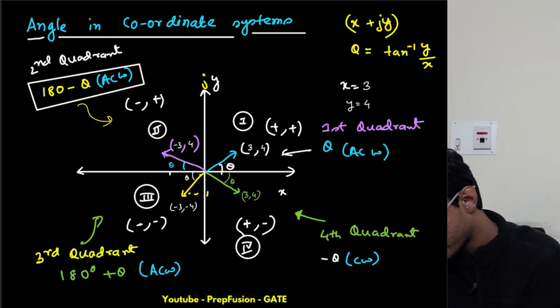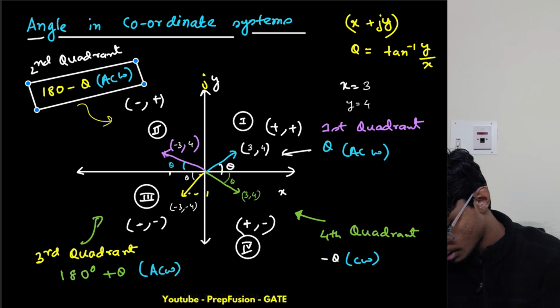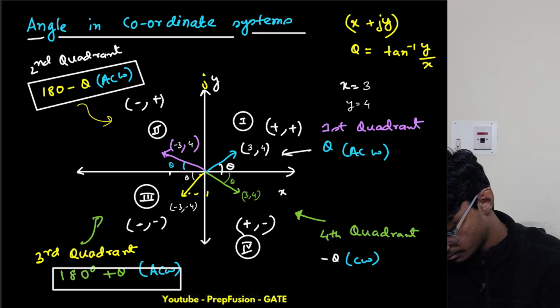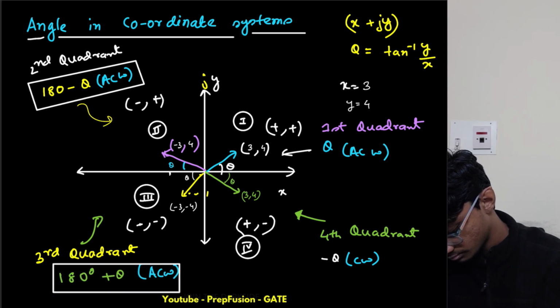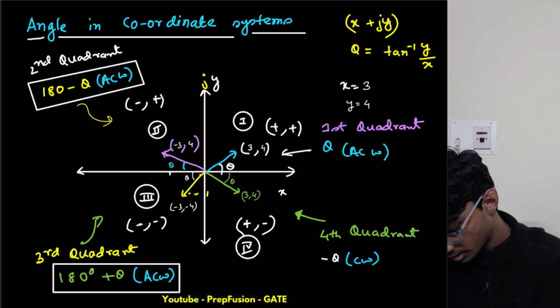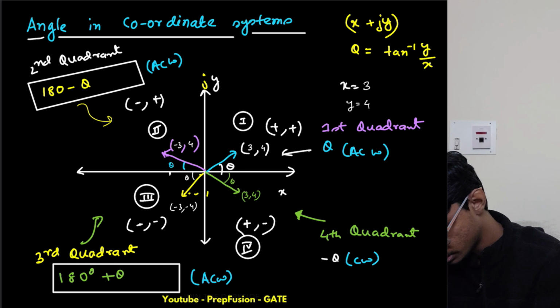And here my angle is 180 plus theta. So this is basically this one, and I can write this one by taking the anti-clockwise angle outside, else you will get confused with theta only. I have to put this one in a bracket also.